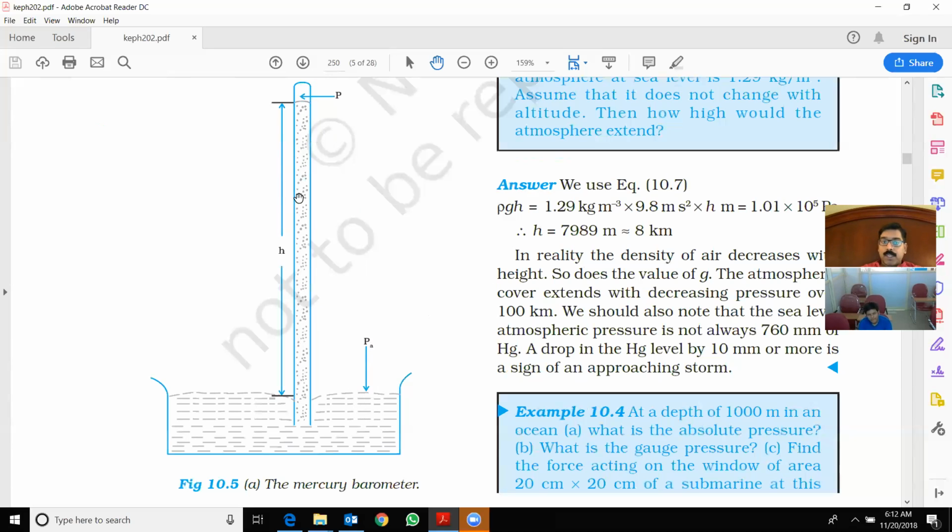So if you measure the height of this, say h, multiply it with mercury's density and acceleration due to gravity, you will get a measurement in Pascal, that will be equivalent to the external atmospheric pressure. This apparatus is called the Mercury Barometer, and it was created by Torricelli.